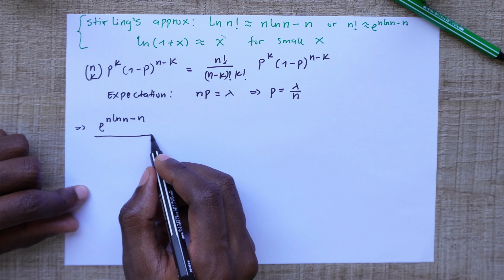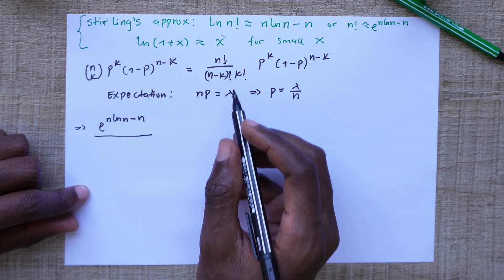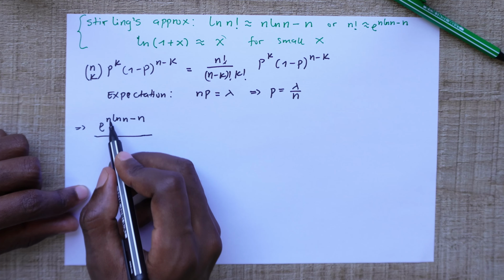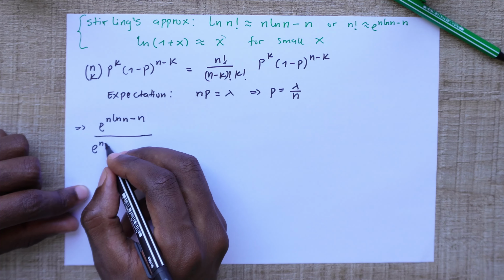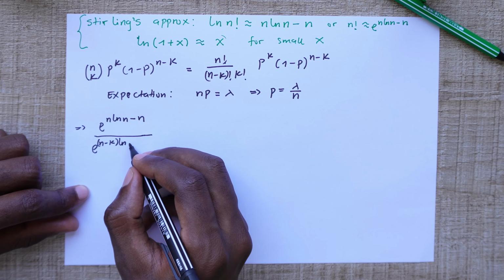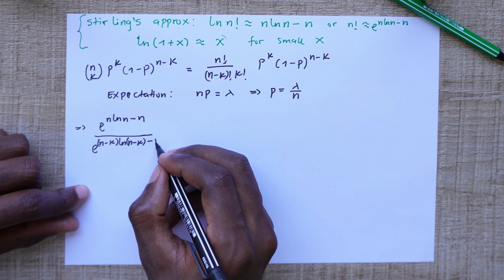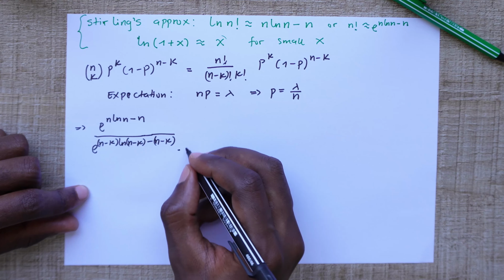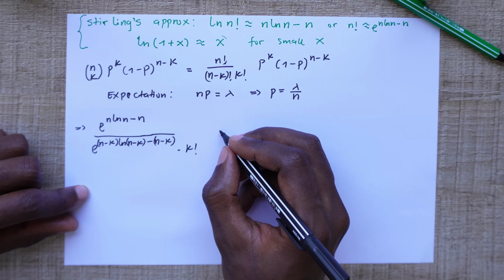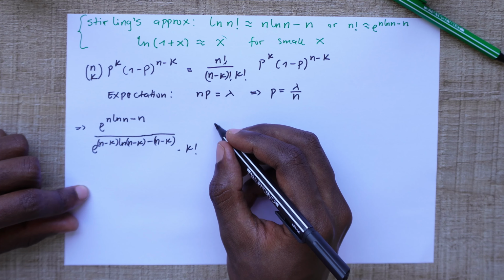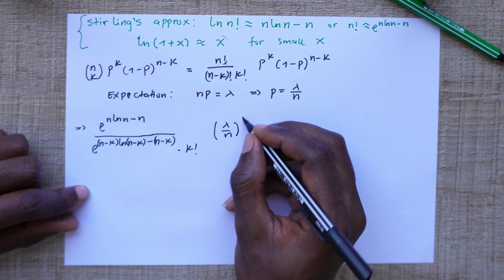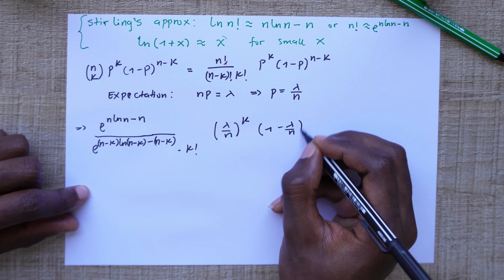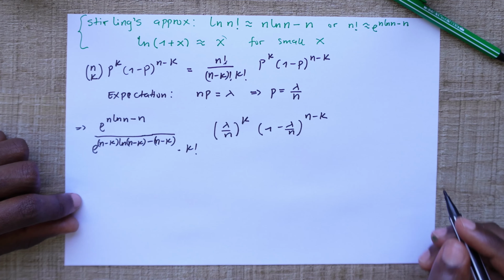Then divided by n minus k factorial, which is, we just replace n by n minus k, so that's e to the n minus k times ln of n minus k minus n minus k. Okay, so I've just replaced n by n minus k, and then we have k factorial here, multiplied by p, which is lambda over n to the power k. We replace p here, and here we are having 1 minus lambda over n to the n minus k. Okay, hope that's clear.